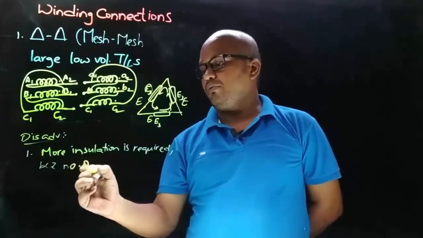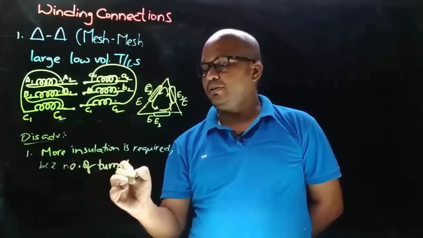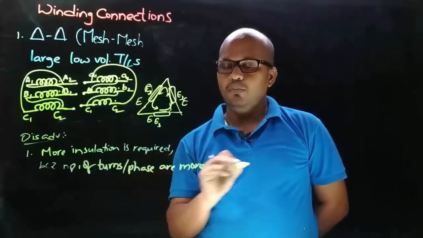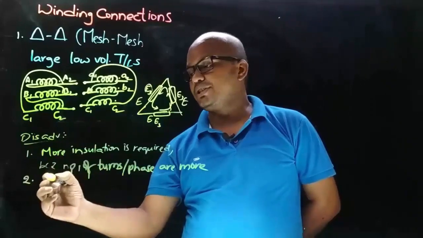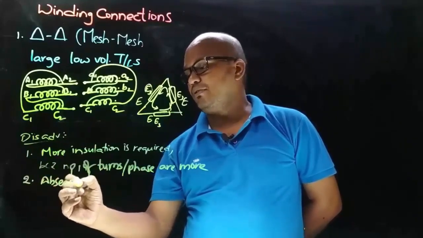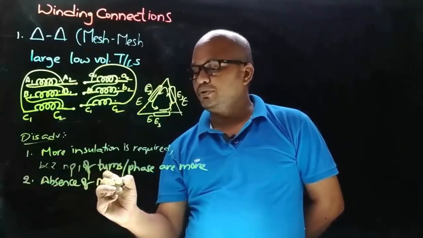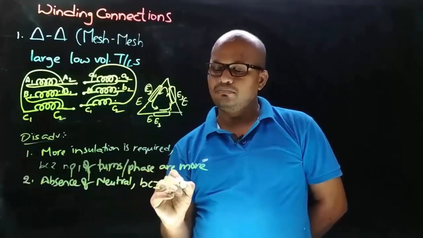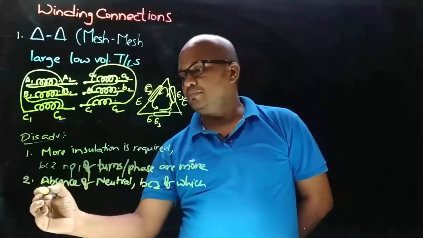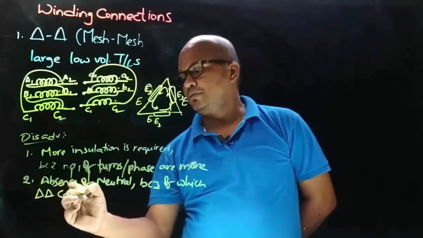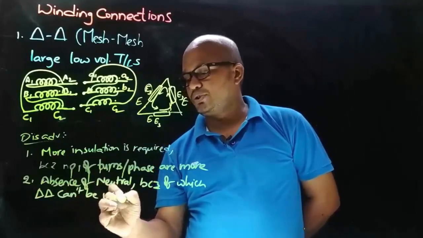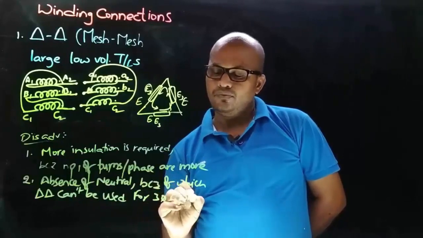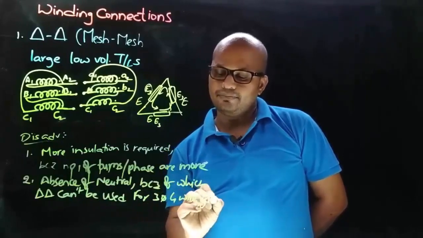And the second disadvantage is the absence of a neutral terminal, because of which delta delta can't be used for a 3-phase 4-wire system.